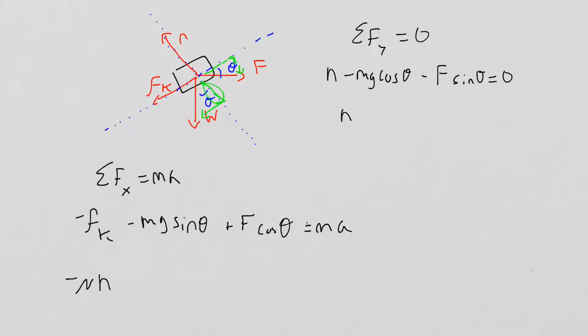And if we do some algebra, we can solve for the normal force. And that's good. Now we can plug that in. So erase the normal force and put that whole thing in parentheses.